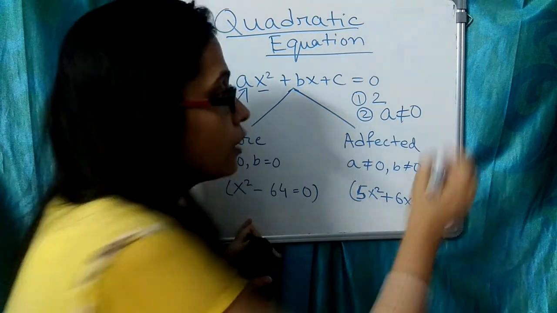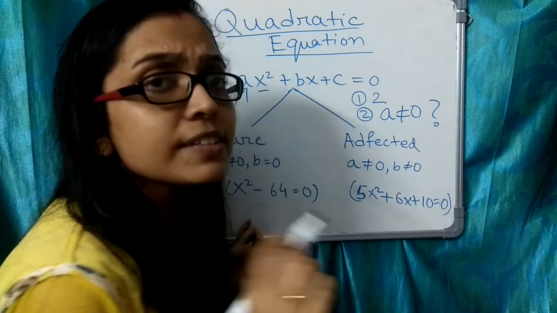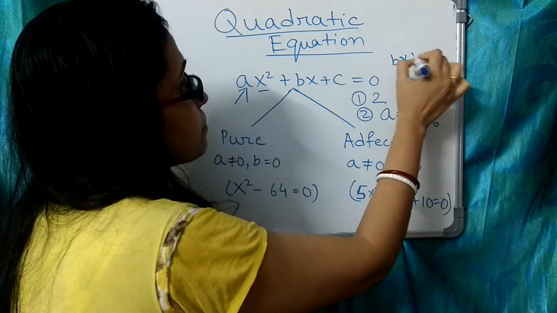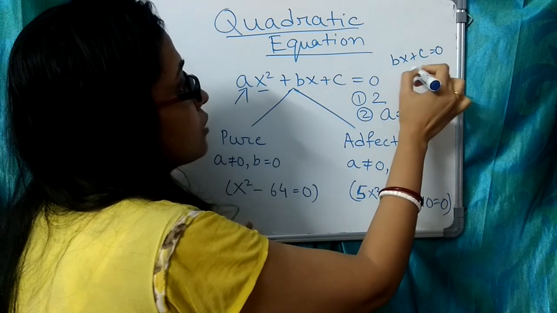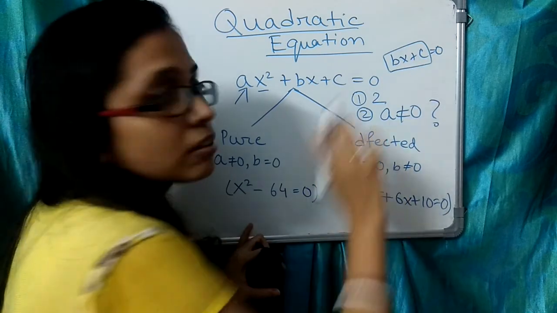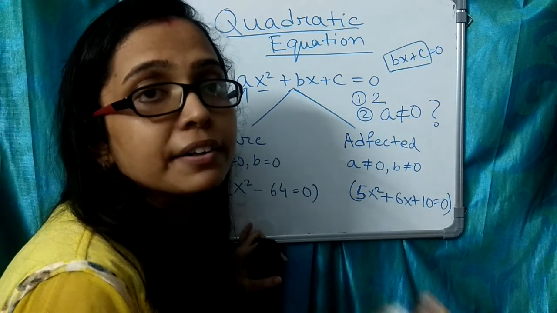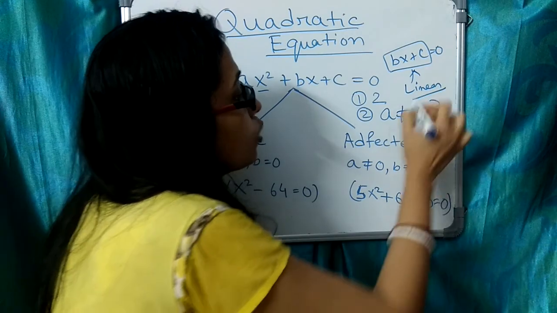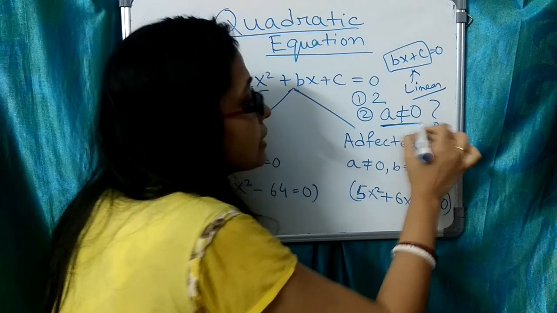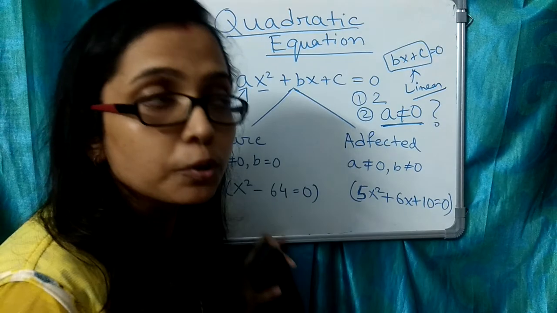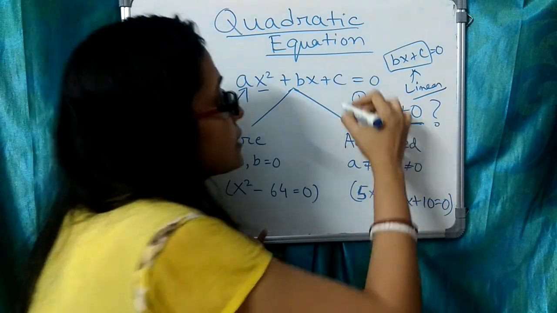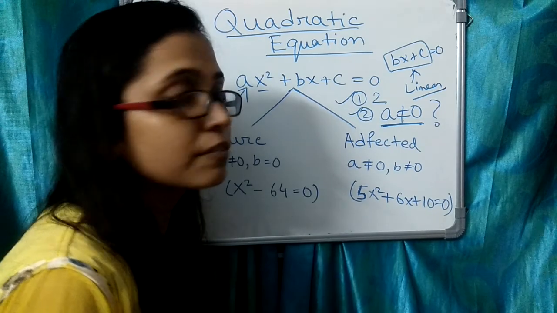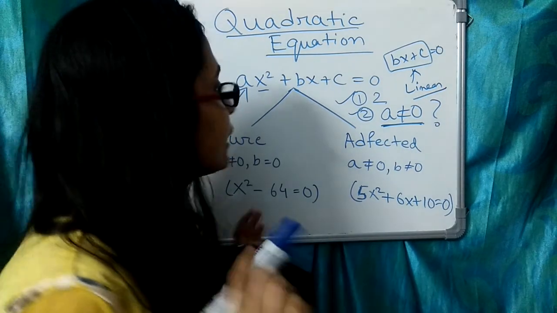Because if it is equal to 0, then it will become bx plus c equals to 0. So this is no longer a quadratic equation, it became a linear equation. So a can never be 0. To be a quadratic equation, these two conditions have to be followed. Otherwise, that equation can never be a quadratic equation.